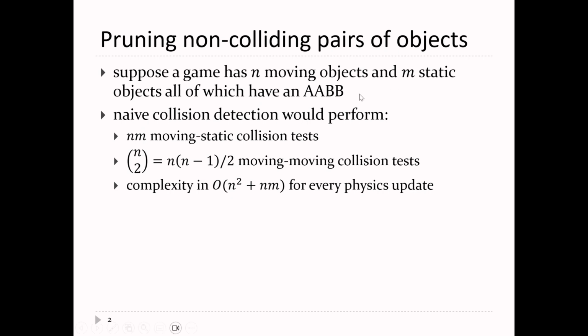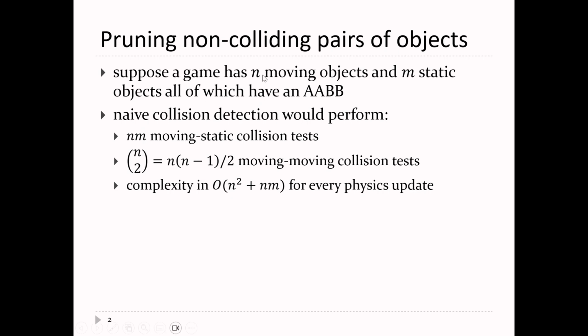If your game has lots and lots and lots of objects in it, even the testing of axis-aligned bounding boxes starts to become expensive. The reason is that unless you have some sort of spatial data structure that keeps track of where objects are in the world, or more precisely, where nearby objects are, you end up having to do something like the following.